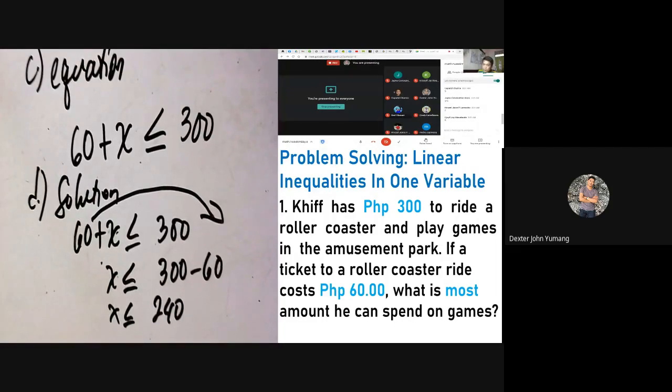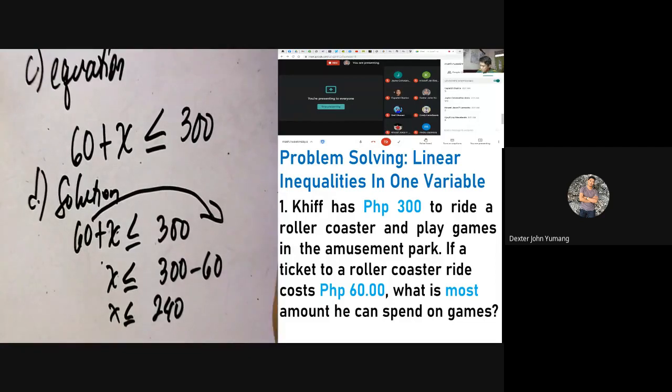So therefore, let's have the conclusion. But before that one, please type done if you're done for letter C and letter D. Okay, in 5, 4, 3, 2, and 1.